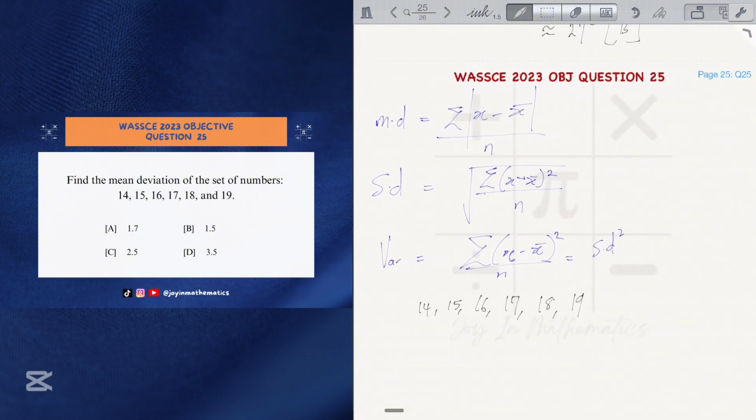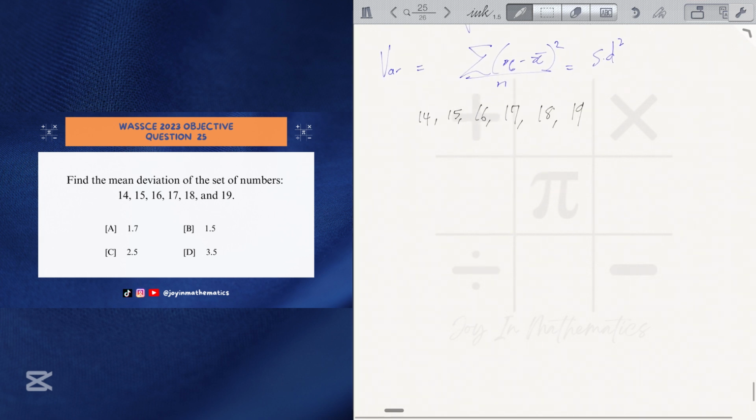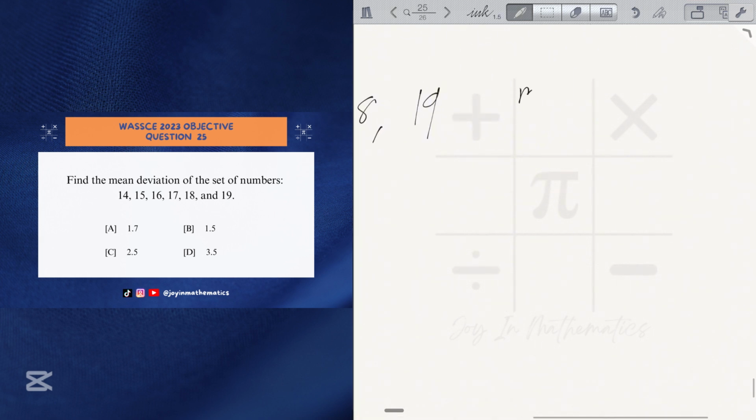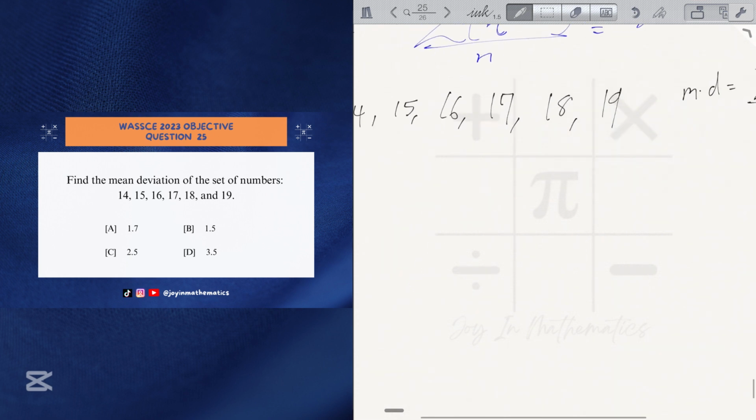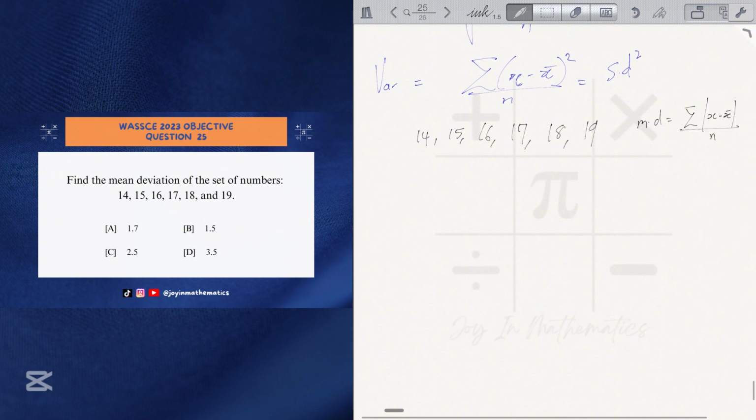Mean deviation is the summation of the modulus of x minus x bar, divided by the number of terms. So if you count here now, what is the number of terms? 1, 2, 3, 4, 5, 6. So n is equal to 6. Easy as ABC.